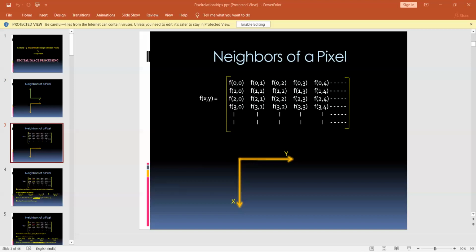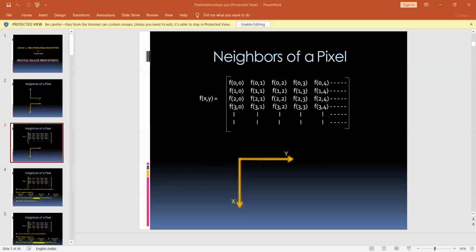For this reference pixel, there are two neighboring pixels row wise, 1,0 and 1,2. In yellow color, these two are row neighbors, and 0,1 and 2,1 are the column neighbors for f of 1 comma 1, which acts as the reference pixel. So finally, four neighboring pixels along row and column: x plus 1 comma y, x minus 1 comma y, x comma y plus 1, x comma y minus 1.